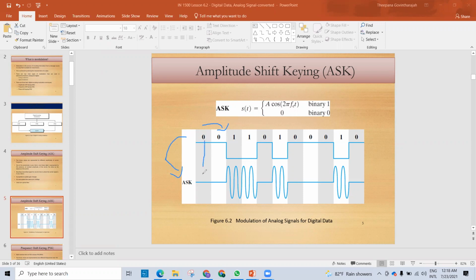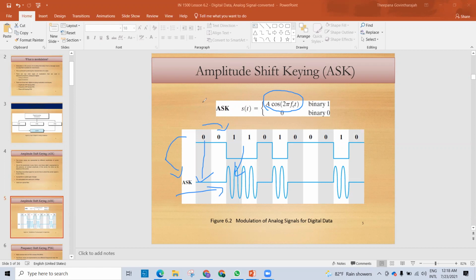So here 0 is represented by this amplitude, where there is no carrier signal. And here 1 is represented by A cos 2 pi FCT. So this is how it is represented.